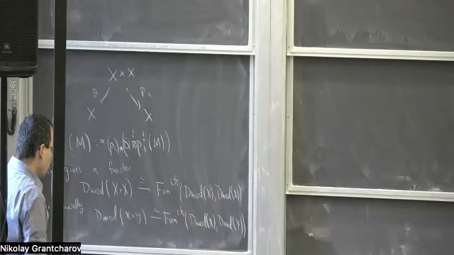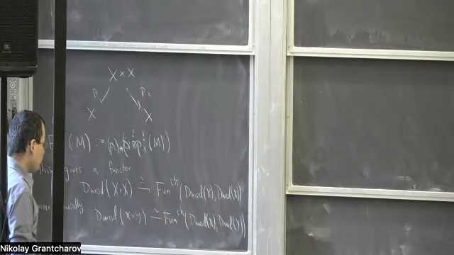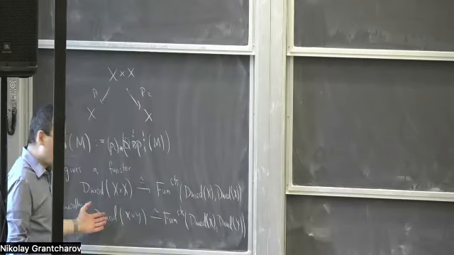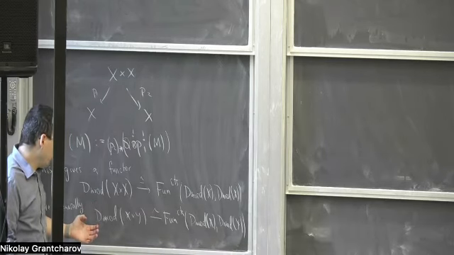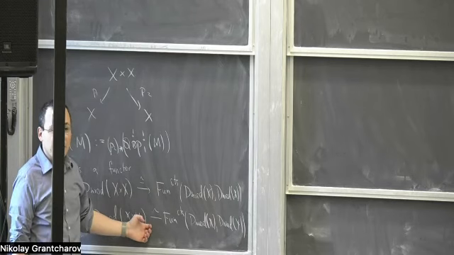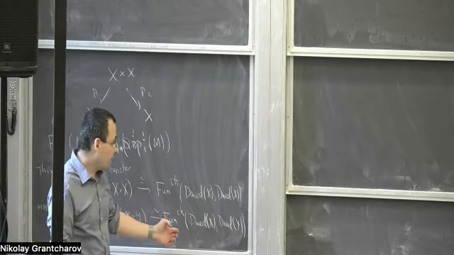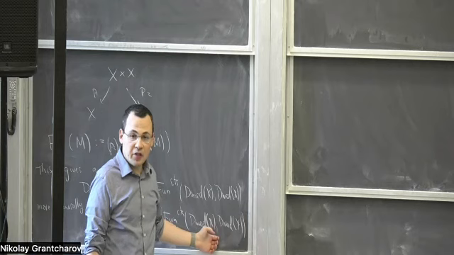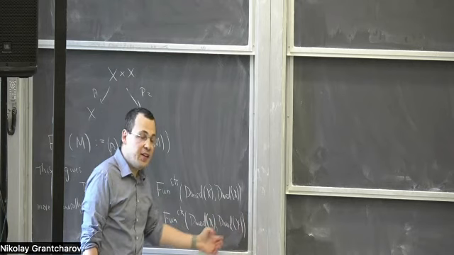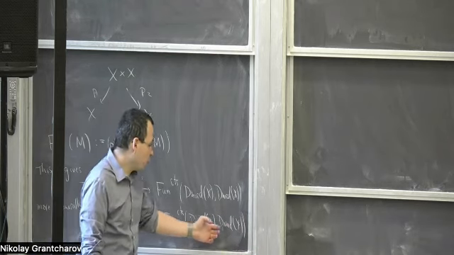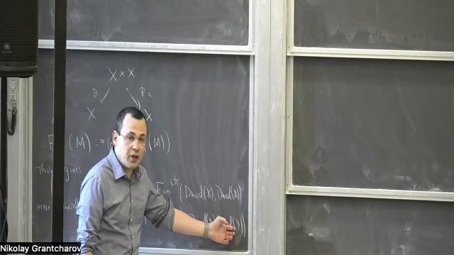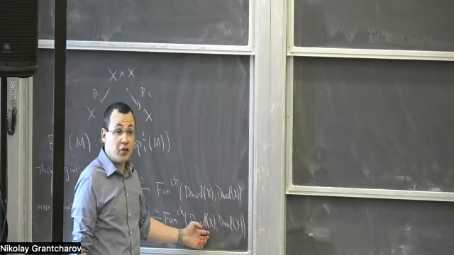So this should look strange. The reason is that the left-hand side is completely symmetric with respect to X and Y, while the right-hand side is by no means symmetric. This is saying that there's some way to identify functors from D modules on X to D modules on Y with functors in the other direction.